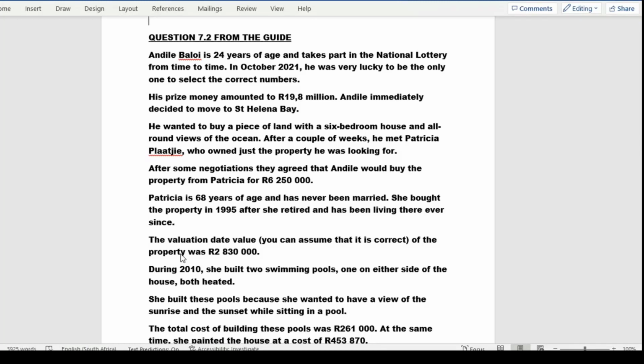Patricia is 68 years of age and has never been married. She bought the property in 1995 after she retired and has been living there over the years. The valuation date value, which is assumed to be correct, is going to be your base cost.